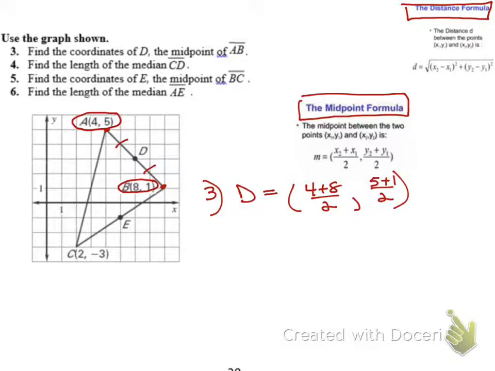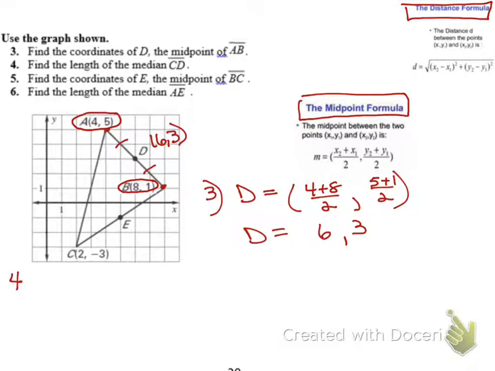So what's my coordinate pair? Well, if I do the math, 4 plus 8 is 12, divided by 2 is 6. 5 plus 1 is 6, divided by 2 is 3. So does it make sense with my grid that this point is 6, 3, and just checking my x and my y, it does make sense. So that problem's done. So let's go on and we'll look at question 4.